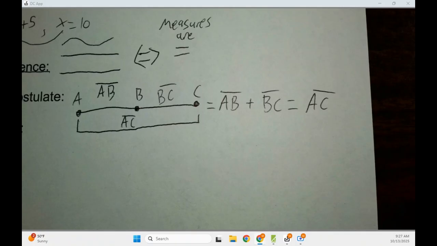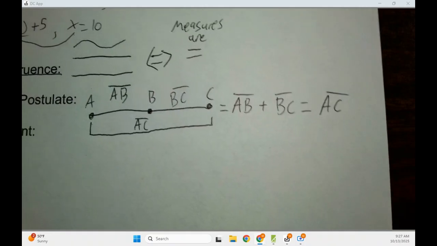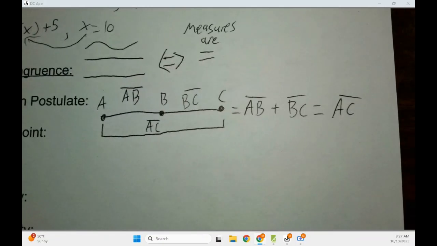It's the SAP, okay? It's the SAP that holds things together. It's kind of sticky and it adheres pretty well, like glue. So, what questions do you guys have about what the definition of congruence is, or what the segment addition postulate is?